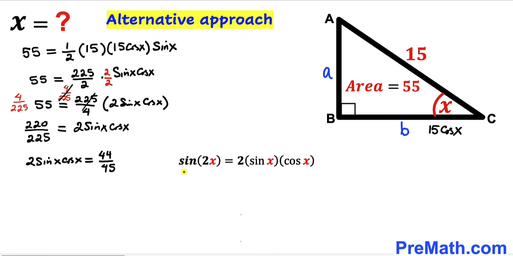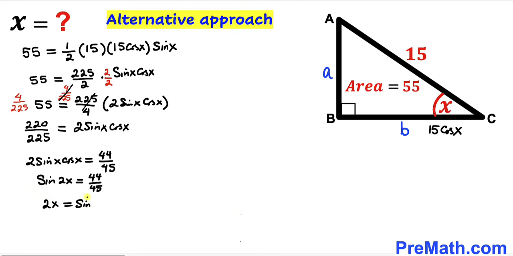And now let's recall once again, sine of 2x is always equal to 2 times sine of x times cosine of x. So therefore this left hand side could be written as sine of 2x equals 44 divided by 45, and that could be written as 2x equal to sine inverse of 44 divided by 45.